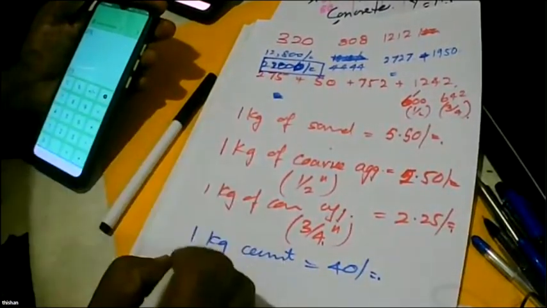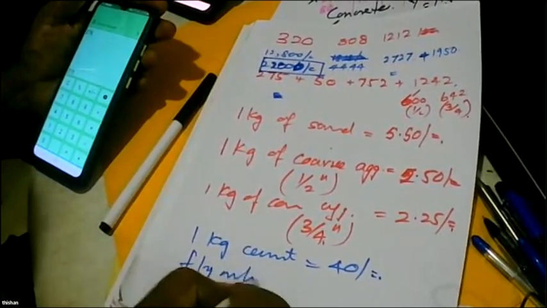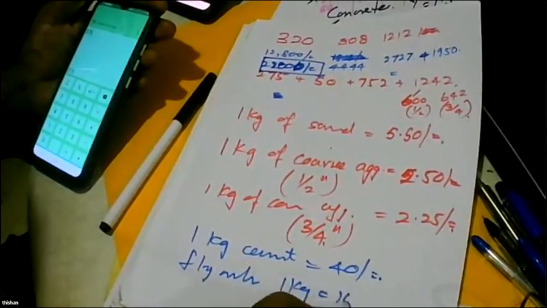275 cement. 1 kilogram of fly ash is 15 rupees.